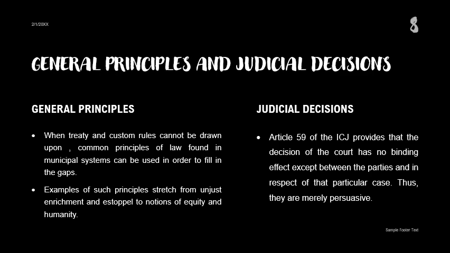And then we have judicial decisions, and according to Article 59 of the ICJ Statute, the decision of the court has no binding effect except between the parties and in respect of that particular case. Thus, they're merely persuasive on other nations.